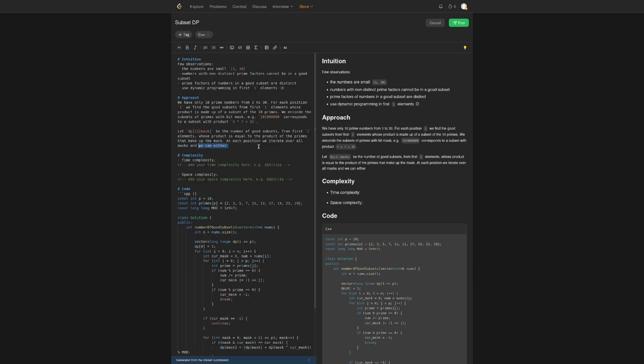We iterate over all masks, and we have two cases.